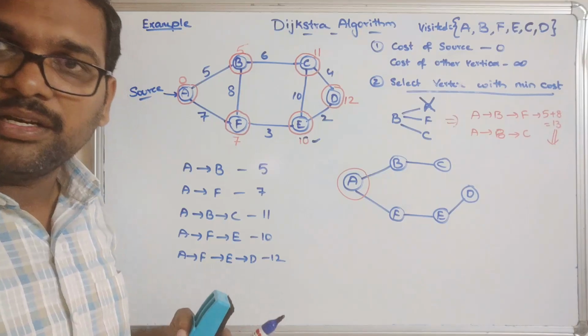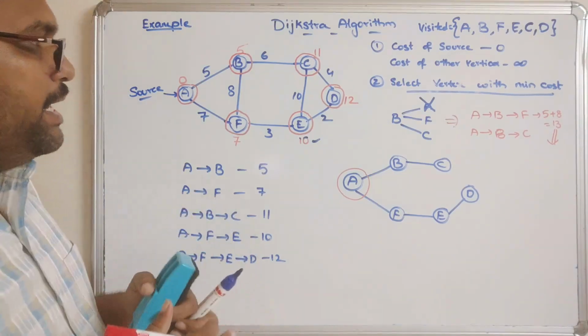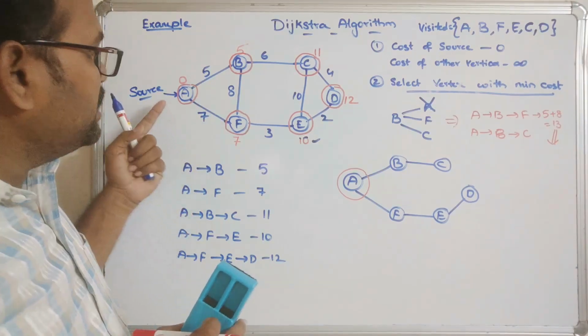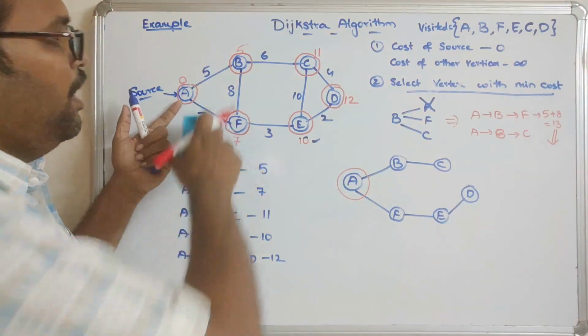What is the time complexity? One point is finding all the vertices. Considering all the vertices from A, all the edges.